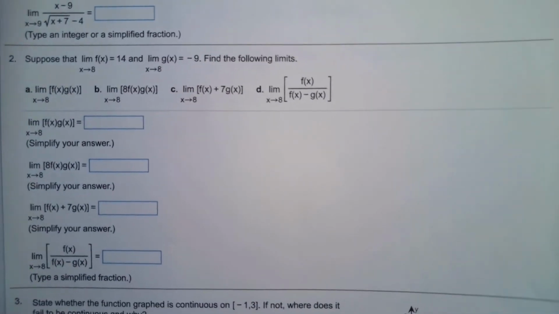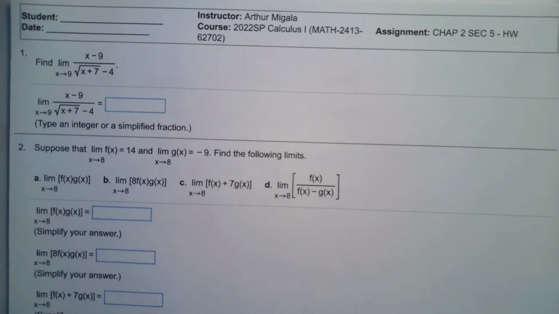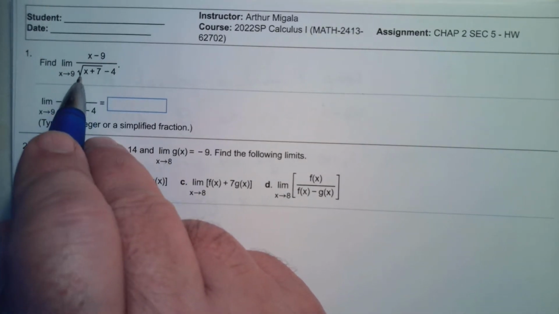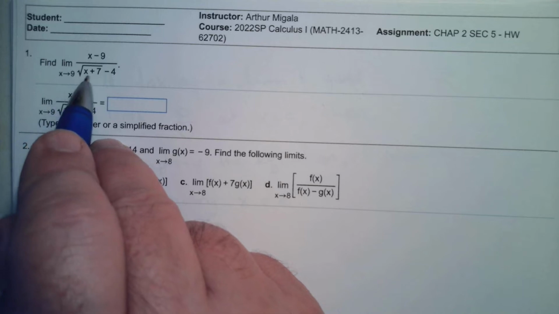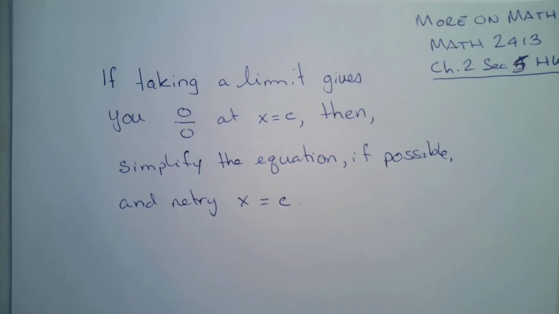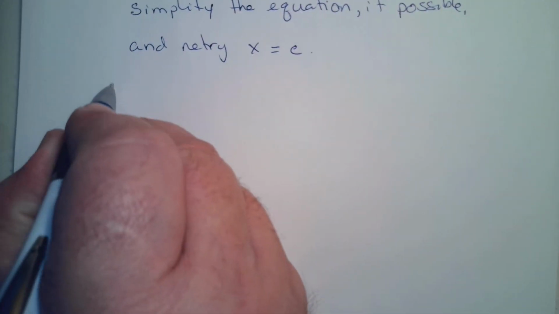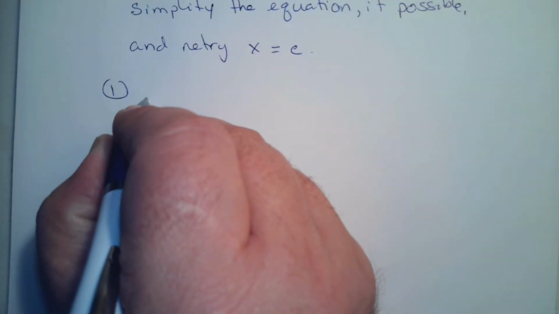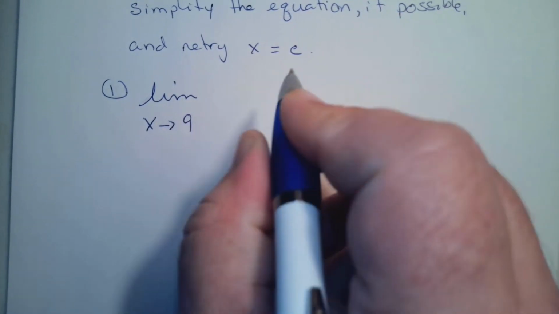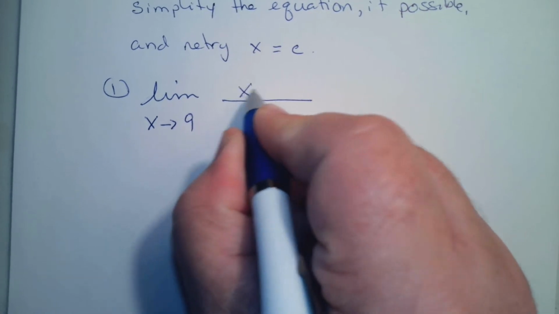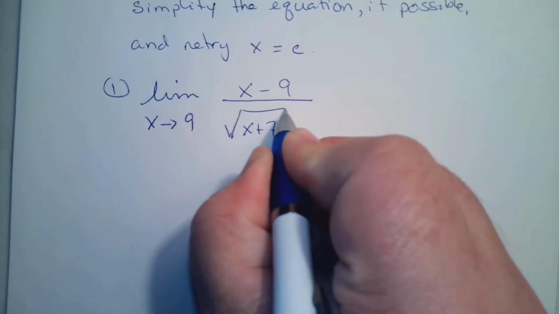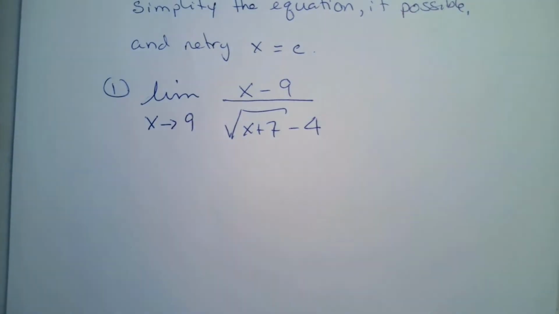Question number 1 in our homework. Find the limit as x approaches 9 of x minus 9 divided by radical x plus 7 minus 4.